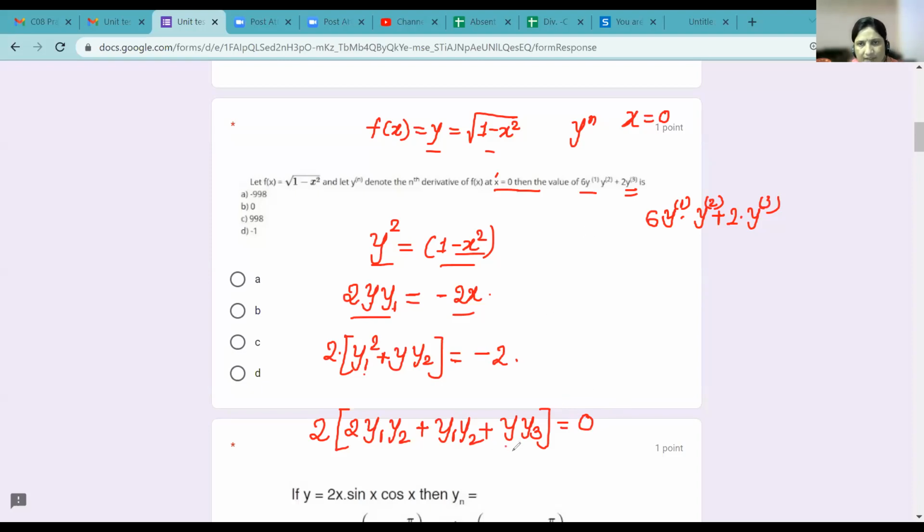Just I am multiplying these terms. 2y3, 2y1.